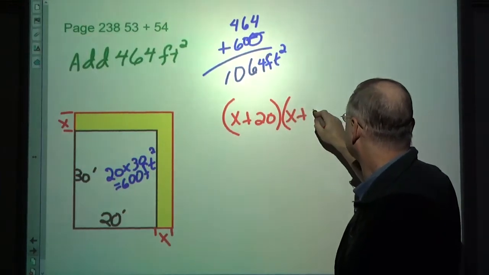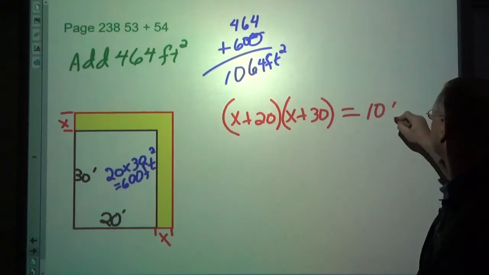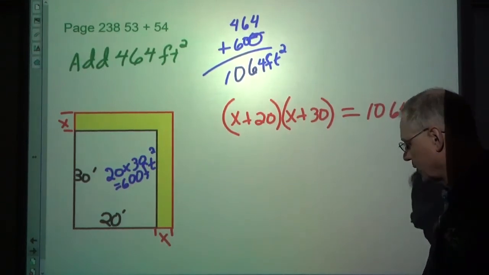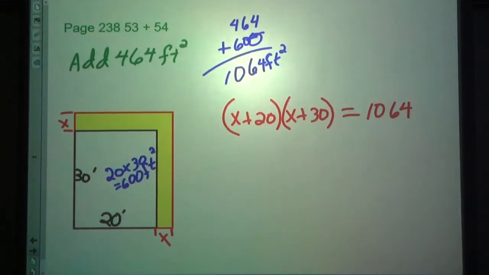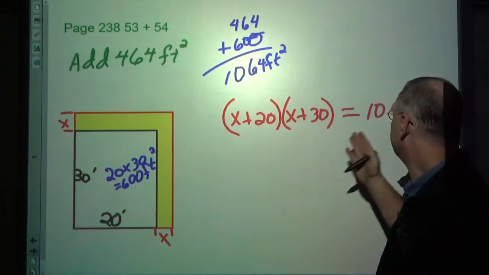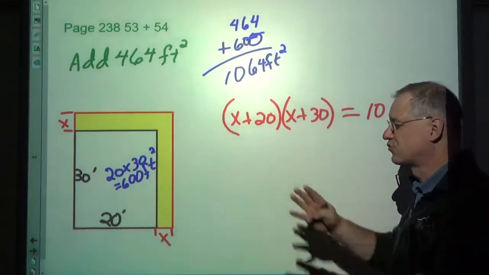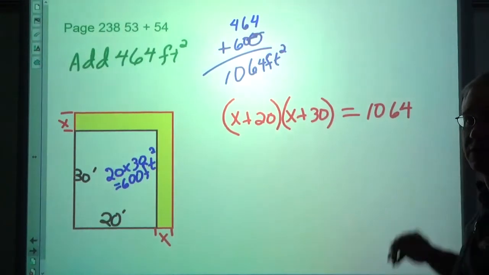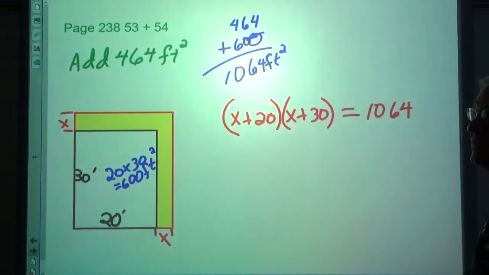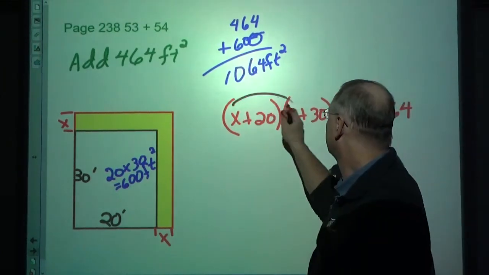So x plus 30, and that's going to equal 1,064 feet squared. Awesome! We've gotten somewhere. Well, there's a little more work to do than that. I actually need to get this on the other side, but I really need to distribute this out so that I can get all of it as a polynomial, not as binomials multiplied together plus something or minus something. So I'm going to distribute this.